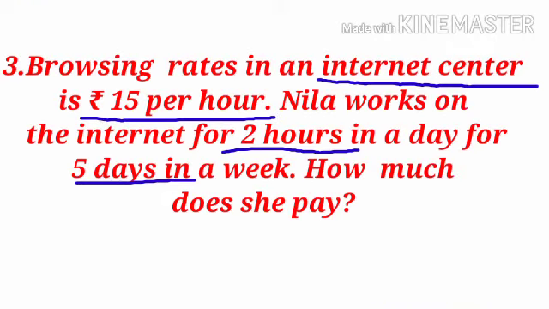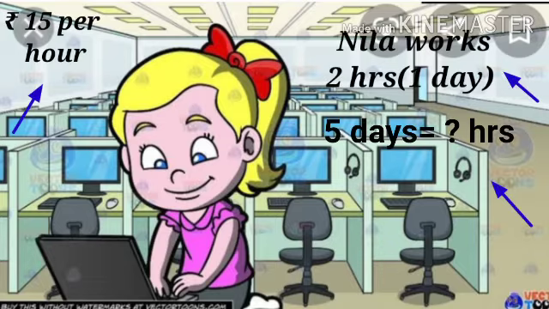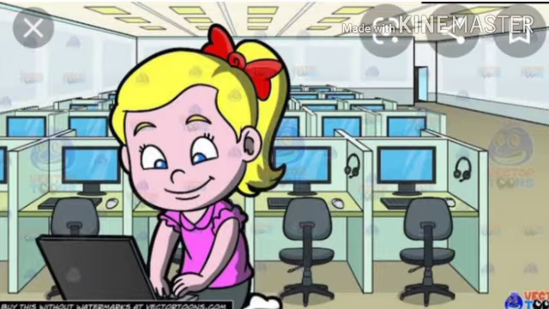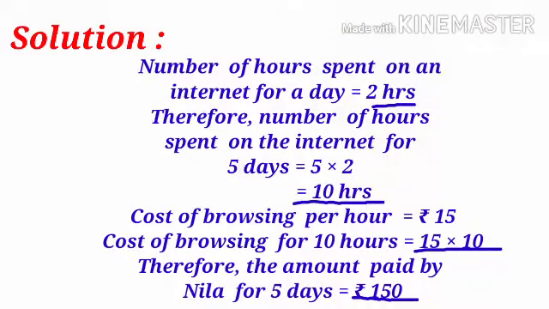Browsing rates in an internet center is rupees 15 per hour. Neela works on the internet for 2 hours in a day for 5 days in a week. How much does she pay? Number of hours spent on an internet for a day is equal to 2 hours. Therefore, number of hours spent on the internet for 5 days is equal to, we have to multiply 5 with 2.